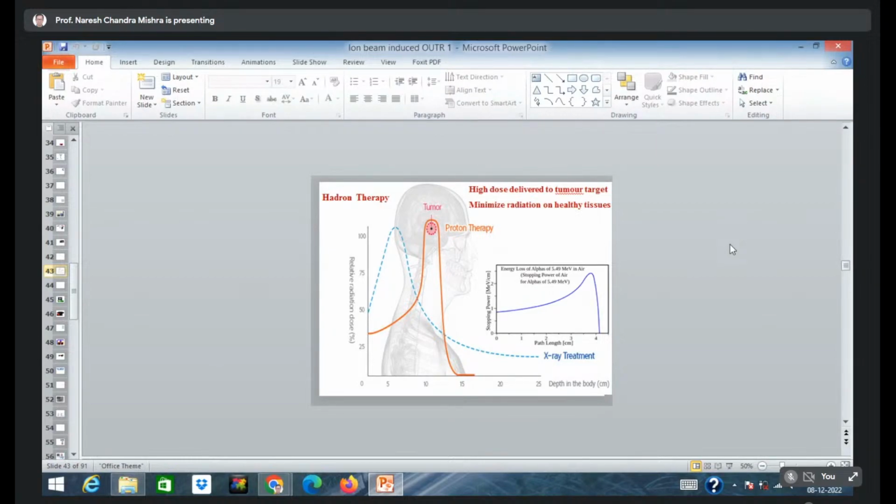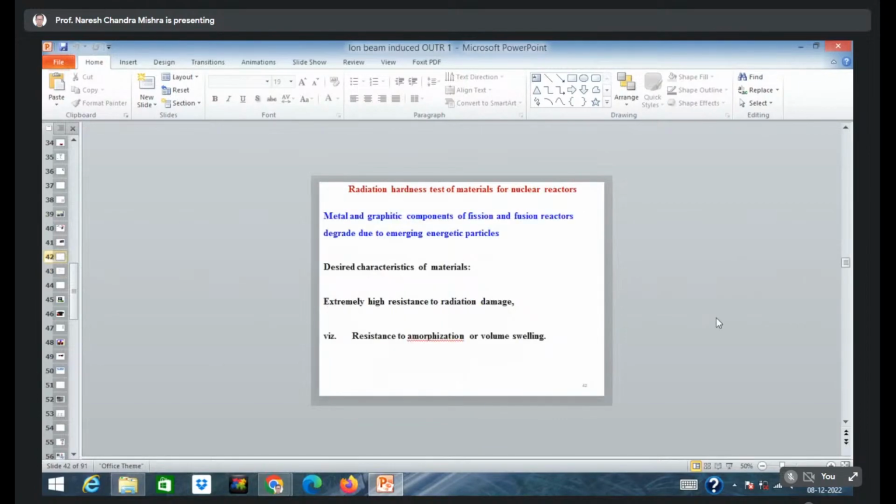Yeah, the next question is from an MSc student, Supriya Priyadarshini. She is asking, what is the radiation hardness test? Yeah, you just take a material, expose it to radiation coming from accelerators. If the material survives, it's hard.